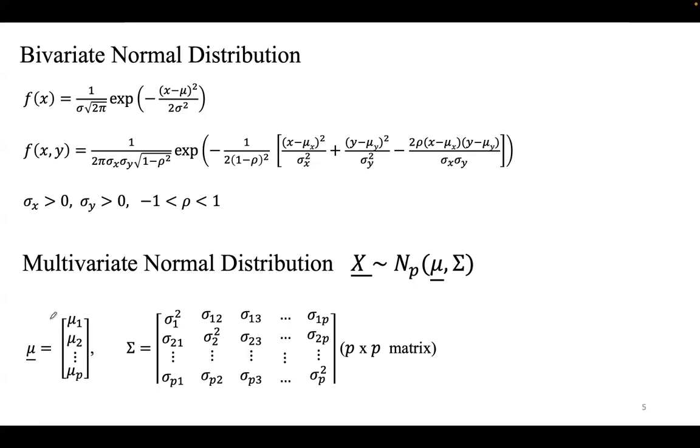So you need a list of all the means and a list of all the variances, which are the diagonal elements of this covariance matrix. The non-diagonal elements are all covariances, and covariances are symmetric: covariance of 1 versus 2 and 2 versus 1 are the same thing.